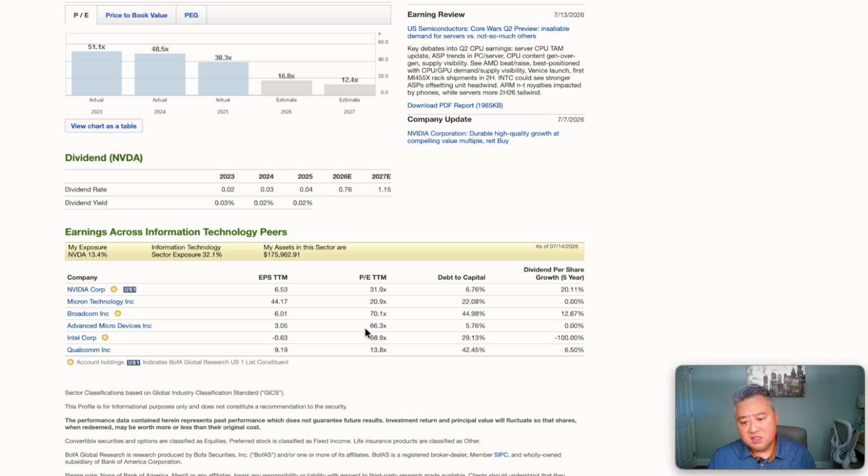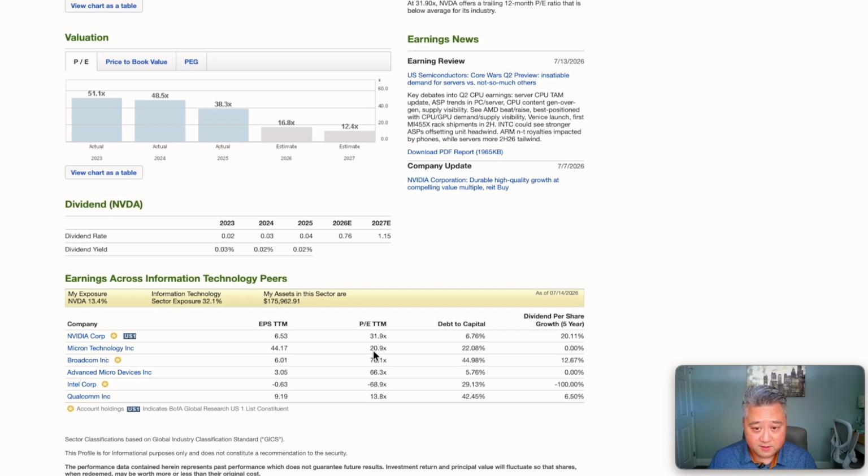So I would say Nvidia is, relative to its peers, maybe a little bit higher given Micron, Qualcomm and Intel in this case. But it's very hard to tell from just the PE alone whether this company is priced fairly or not. I would need to know the industry, the overall S&P 500 PE ratio average, to know whether this is a cheap or fairly priced stock.